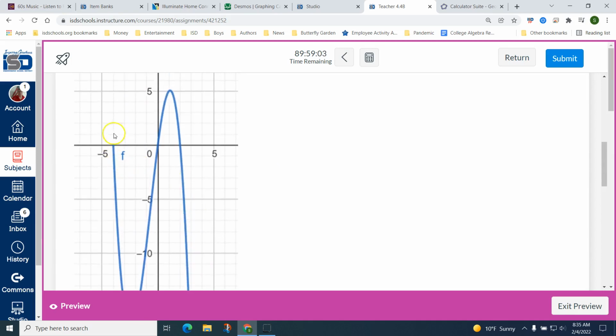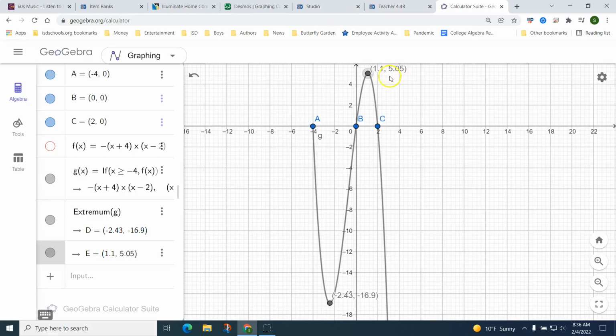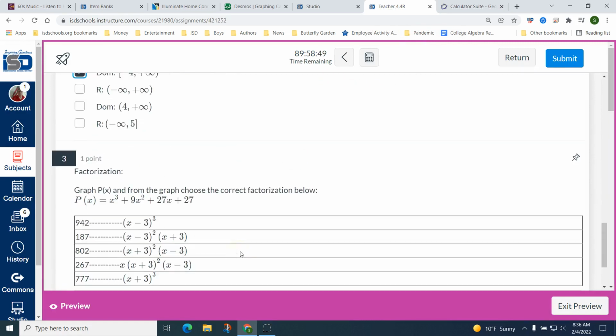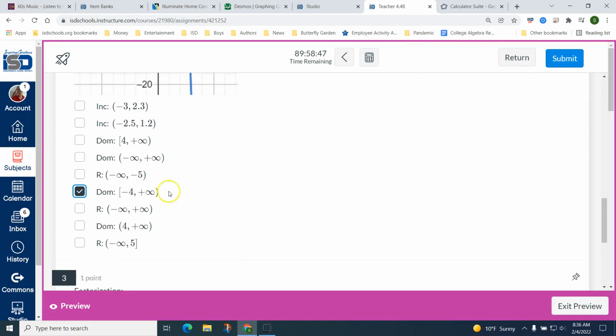And see, it doesn't go to positive infinity because we stop it there. It goes to this 5 right here. And you can see it right there at 5.05. So right there is your 5 is your range. All right. So we're going to say from negative infinity to 5.